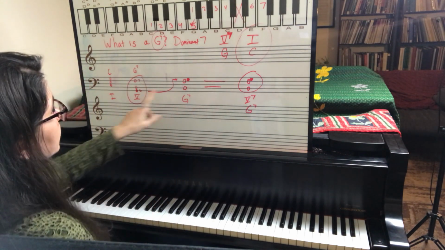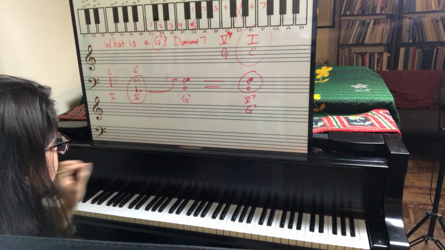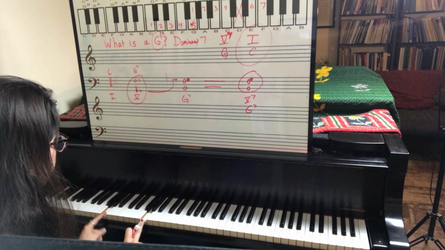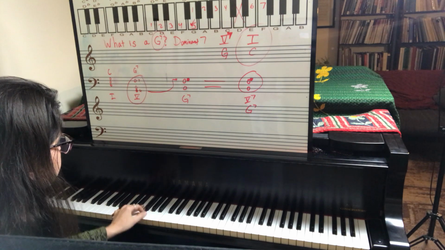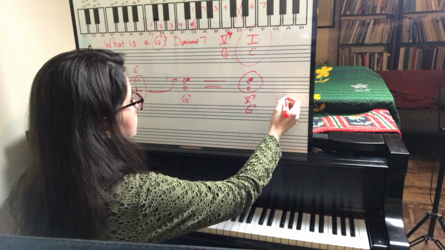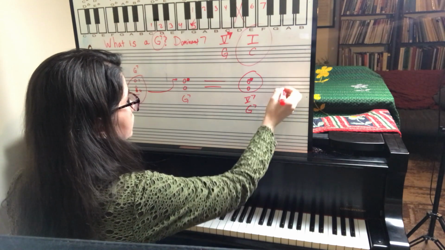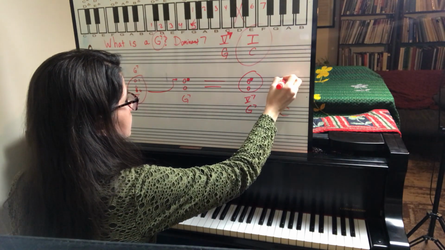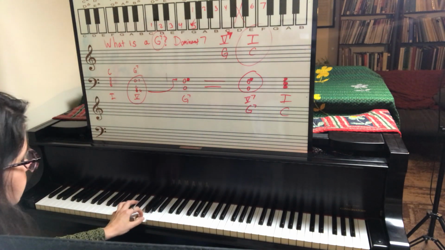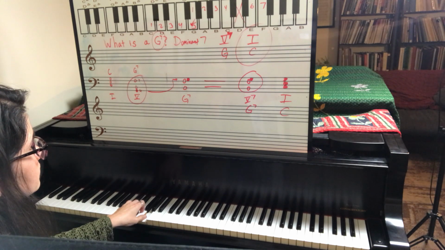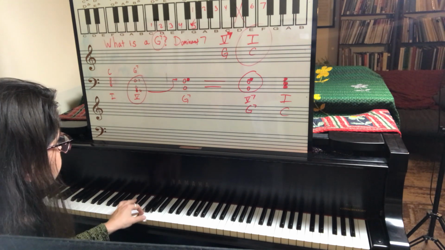The reason why we have G7 in this order, we took G and we moved it up an octave, is because it makes it very easy to get to where we need, which is home, which is our tonic chord, C, E, G. Here's my G7.